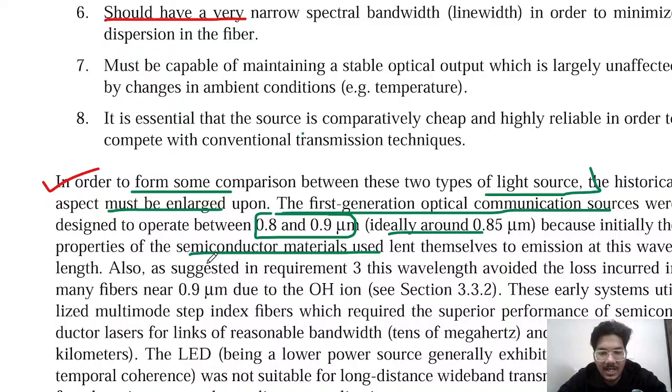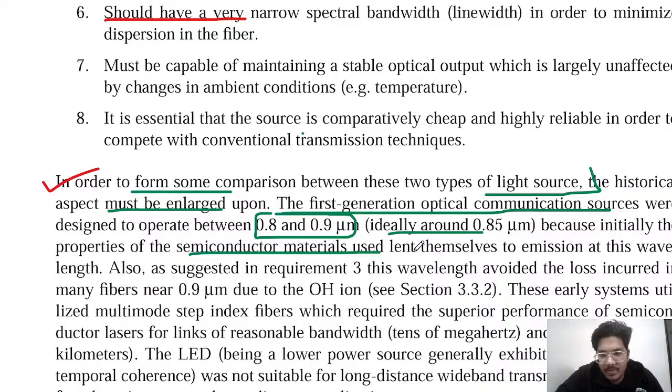wavelength. The first generation communication sources are designed to operate at around 0.85 micrometer, because initially the properties of semiconductor material lend themselves to the emission at this wavelength.